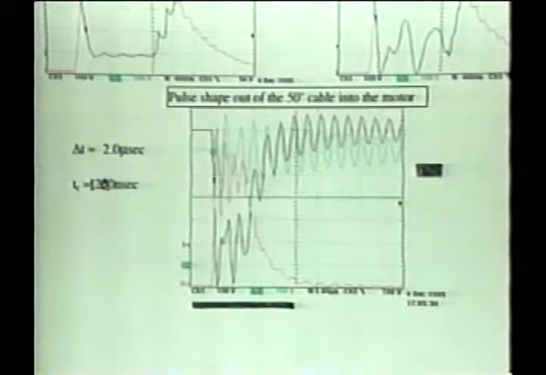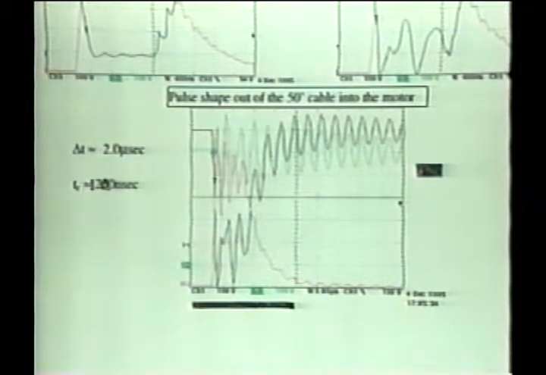I would like you to notice that the time scale and magnitude scale on the bottom curve are not the same, but the typical duration of the pulse here is 2 microseconds. The rise time is 120 nanoseconds, and the maximum voltage reached by the overvoltage pulse is 920 volts. Those pulses were used to age our specimens, and we used a repetition rate of 10 kilohertz.